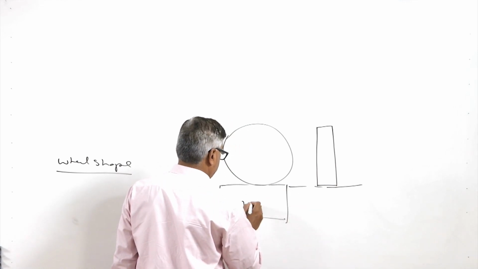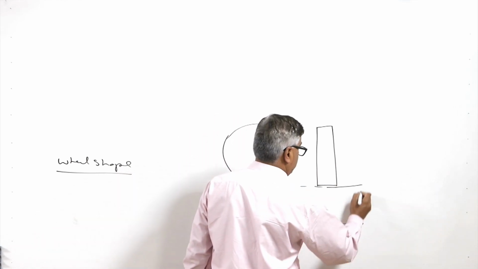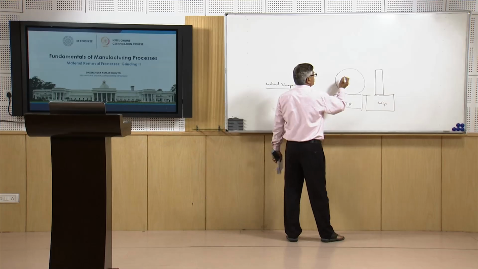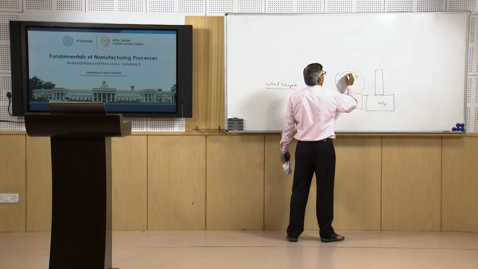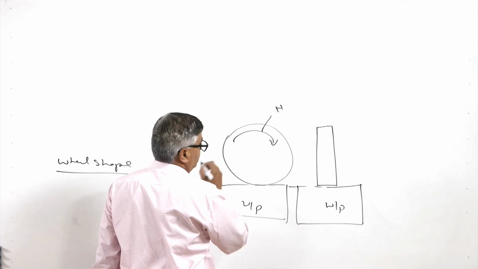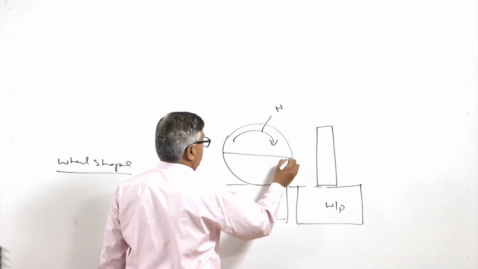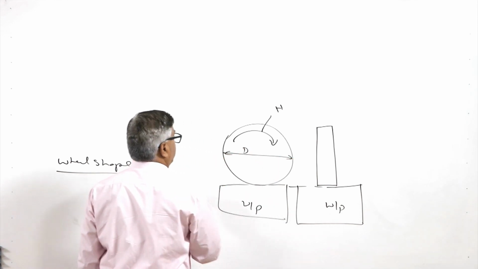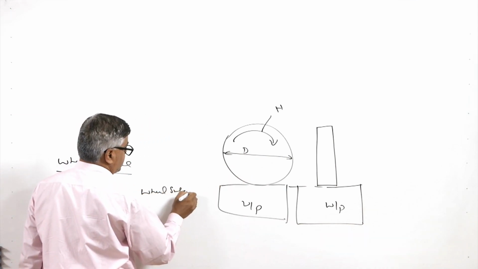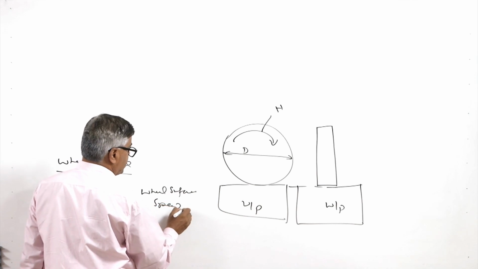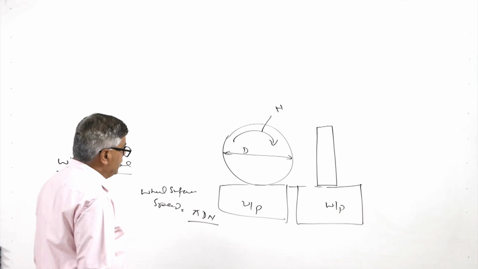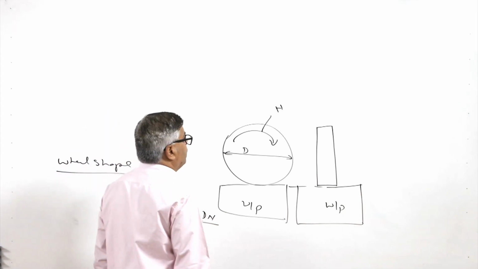This is the workpiece. So, the rotational movement is given to the grinding wheel. It is rotating at n rpm, revolutions per minute, and this is the diameter of the grinding wheel. Then the wheel surface speed is given using pi D N. D is the diameter of the wheel, n is the revolutions per minute.